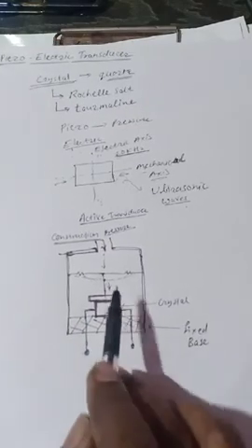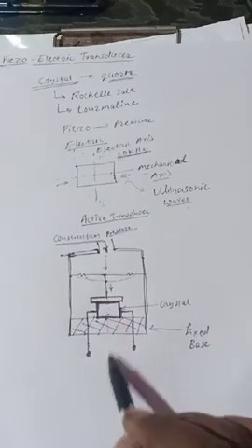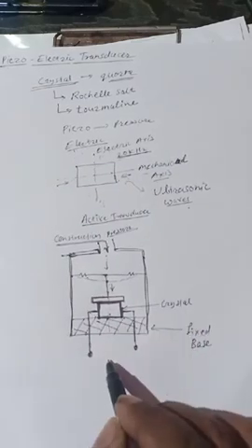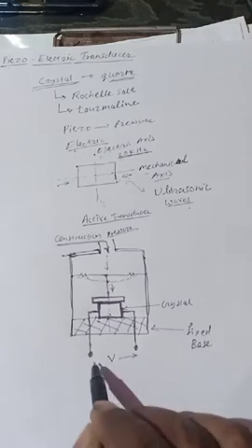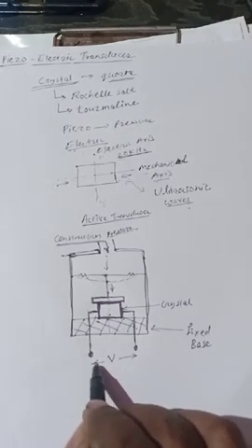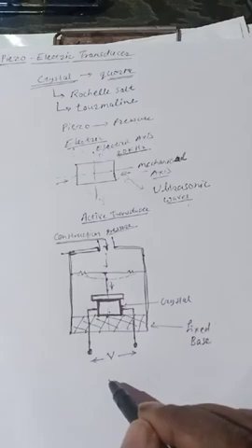So as there is a pressure on the crystal, it generates a voltage between these 2 points to output.